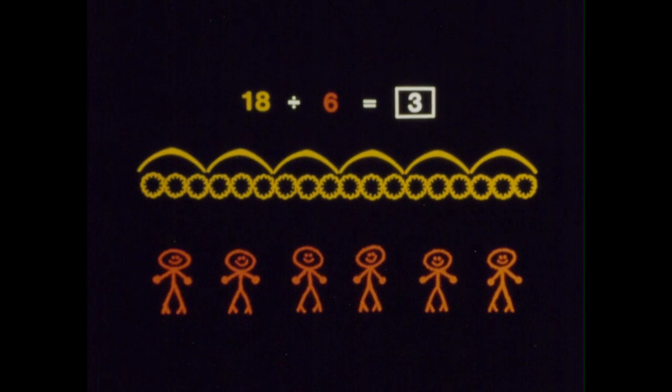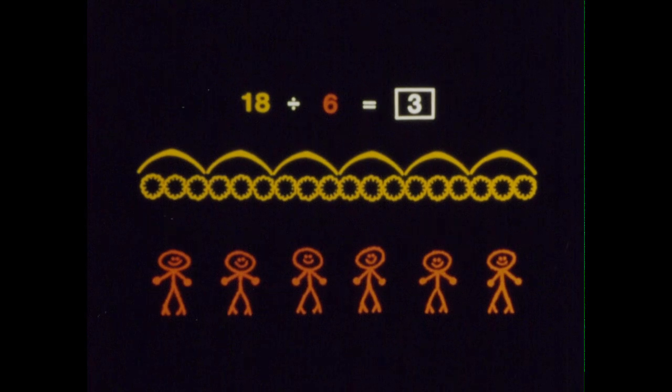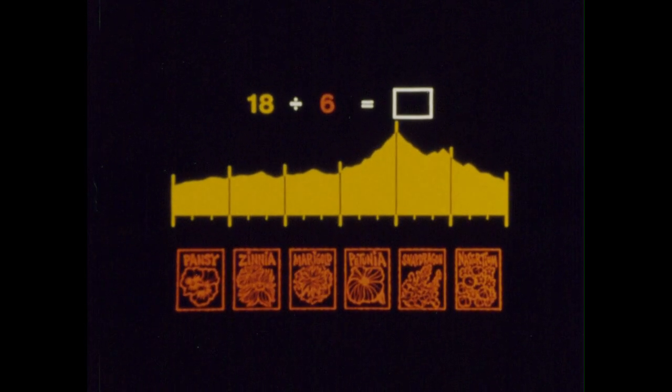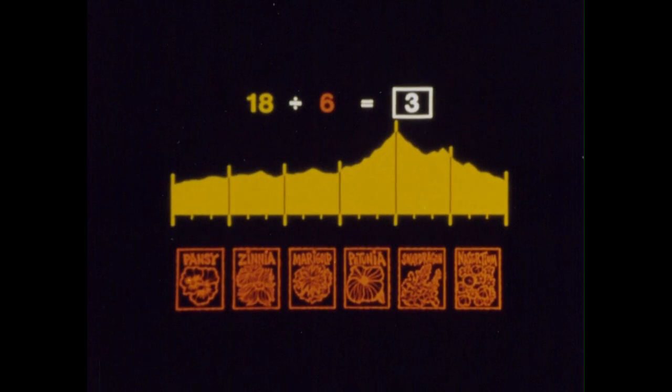We can see that the order in which 2 numbers are divided does make a difference. So if we have a row 18 steps long and we want to divide it into 6 equal parts, we must divide 18 by 6. We'll find that each part should be about 3 steps long.